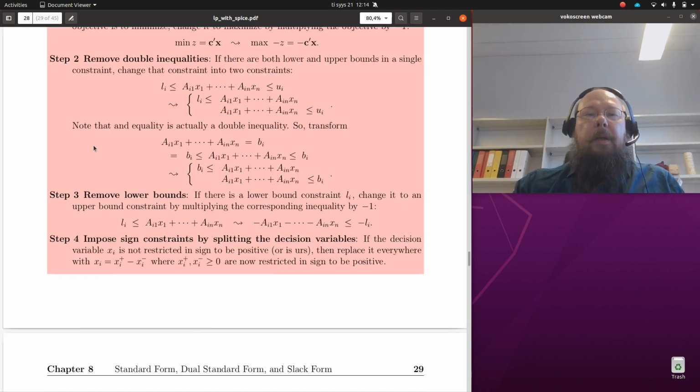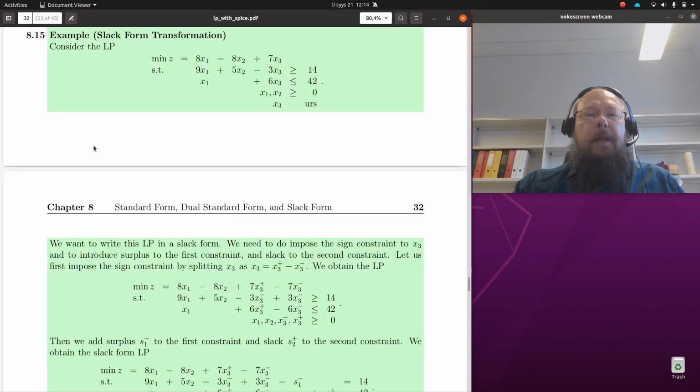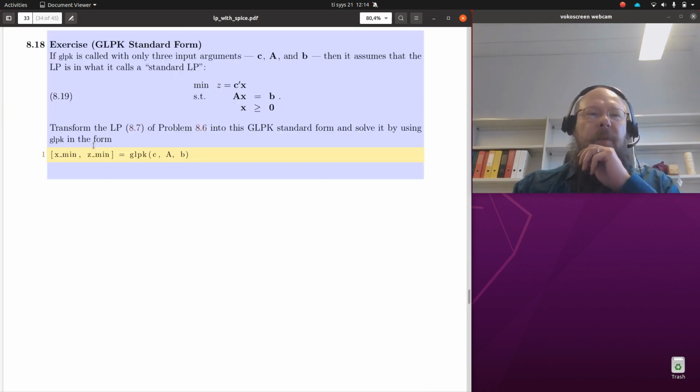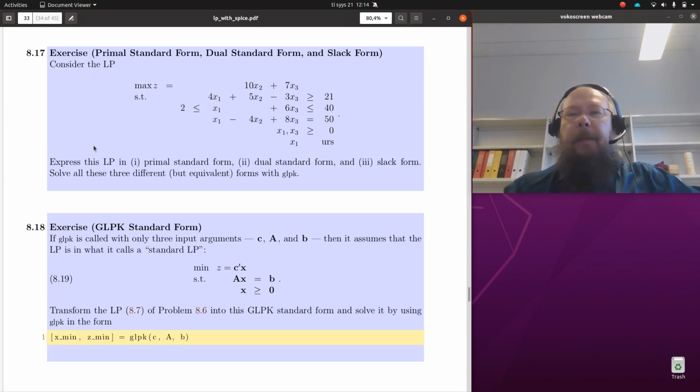Now the problem or exercise here is to take the very same LP and transform it into what is called GLPK standard form. And then to check that you actually have done it, the last part of this exercise is to solve the LP 8.7 with GLPK by using only these three input arguments.